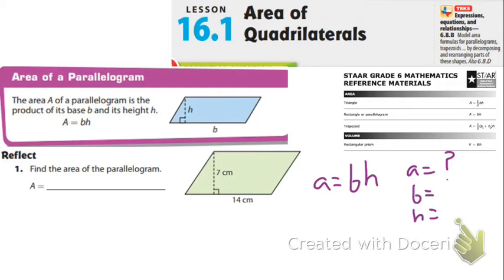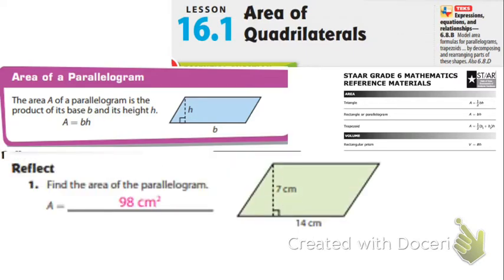However, we do know the base, which is 14, and the height, which is 7. We have everything we need, so now we substitute that into the formula, and we establish that the area is 98 centimeters squared. Since we're working with area, it is squared.